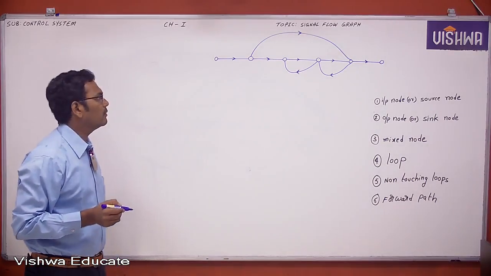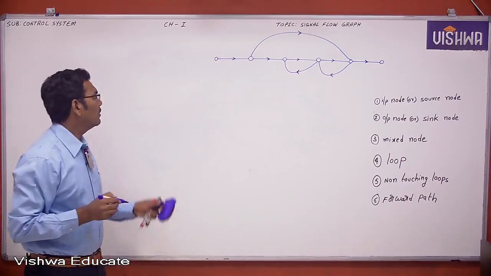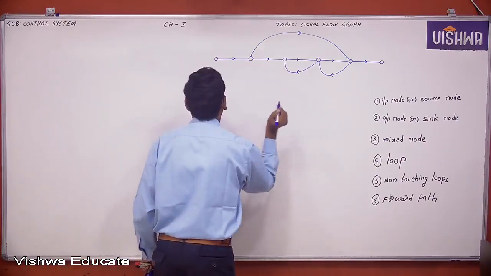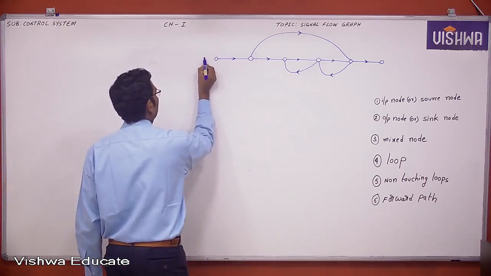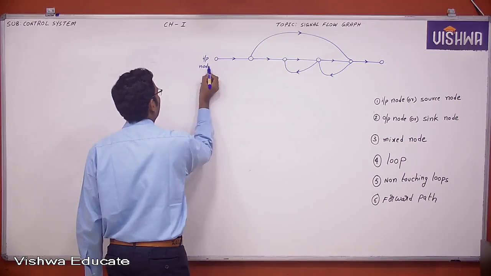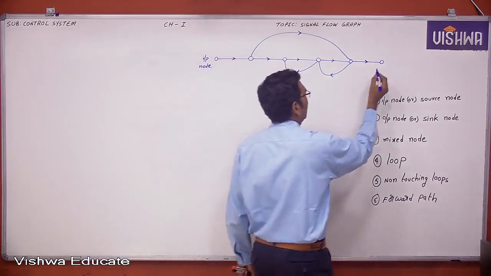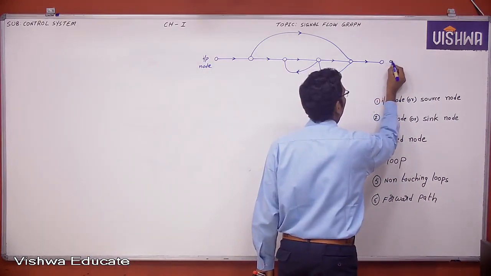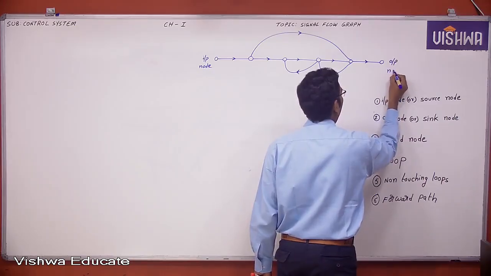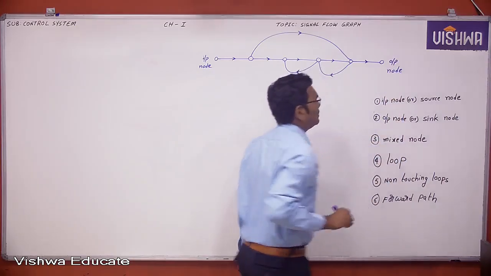Now see here, these are the signal flows between the nodes. Let us assume this is the input node, and let us assume this is the output node. How can you say that this is the input node and this is the output node?